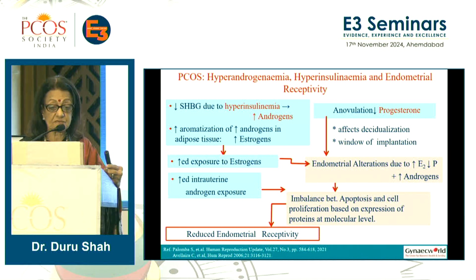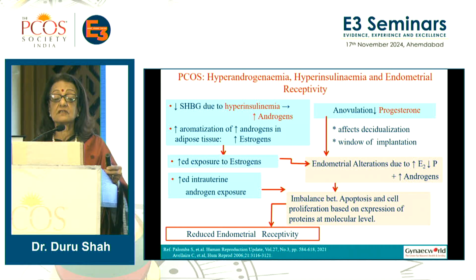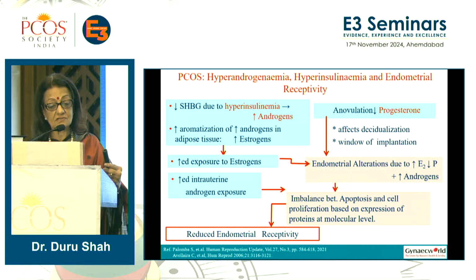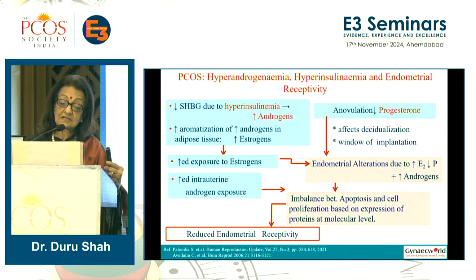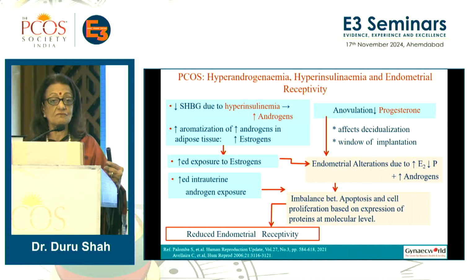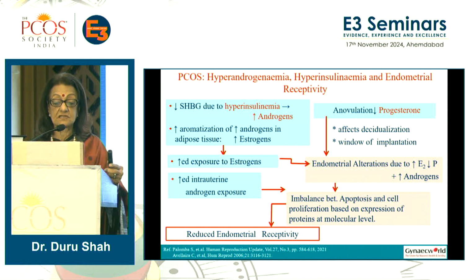Now, when it comes to a combination of hyperandrogenemia and hyperinsulinemia, both together on the endometrium, keeping all this in mind, with hyperinsulinemia, we know that there is a decreased sex hormone binding globulin. When the sex hormone binding globulin decreases, there is more free androgen in circulation, and therefore androgens are increased. There is decreased aromatization of the adipose tissue, and whatever estrogen is being aromatized, therefore again there is increased androgens.